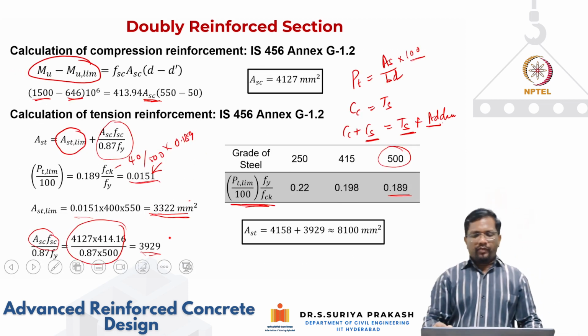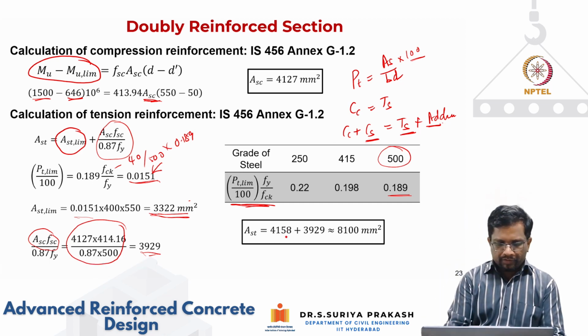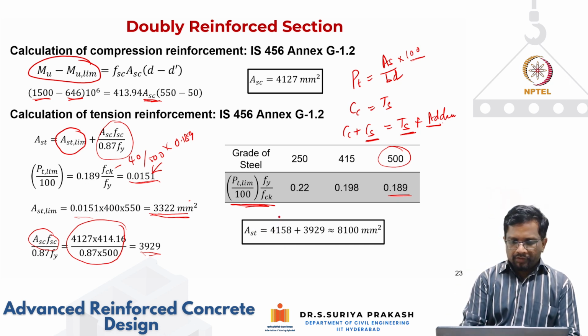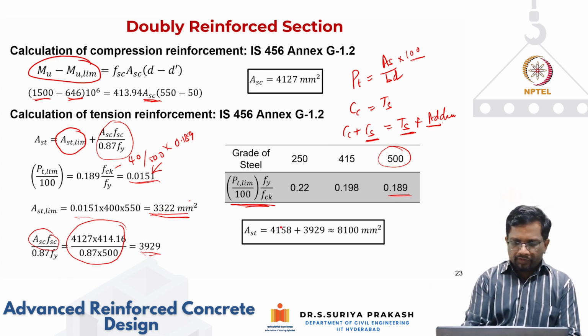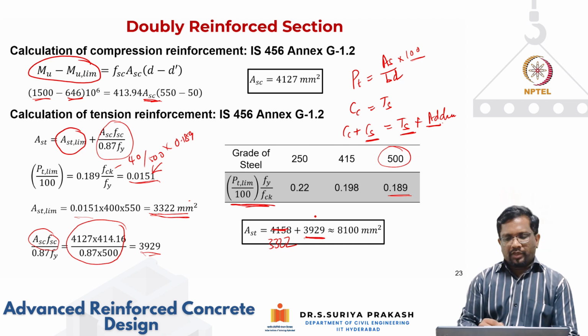So when you add them up, actually this should be Ast limit, which is 3,322, plus 3,929.